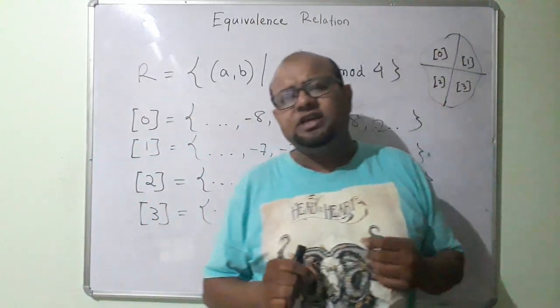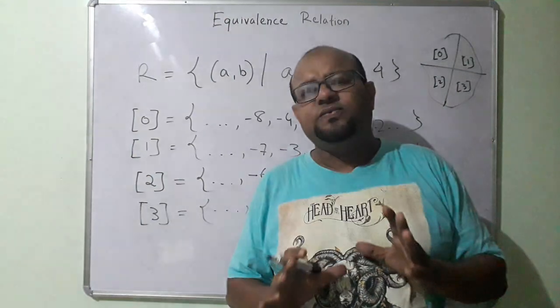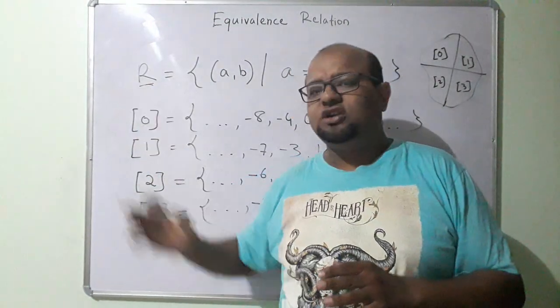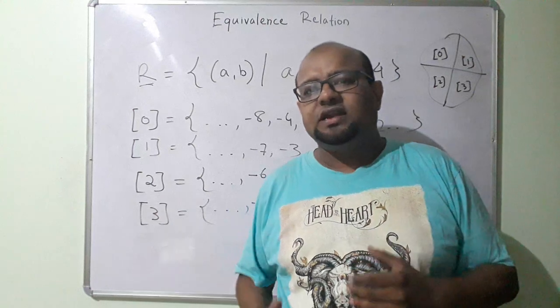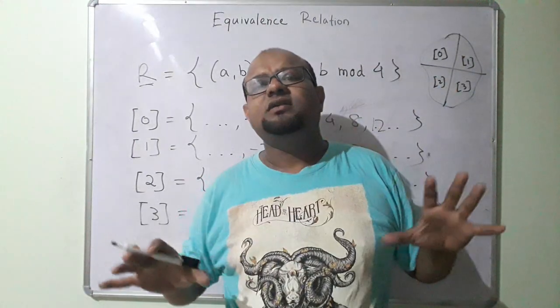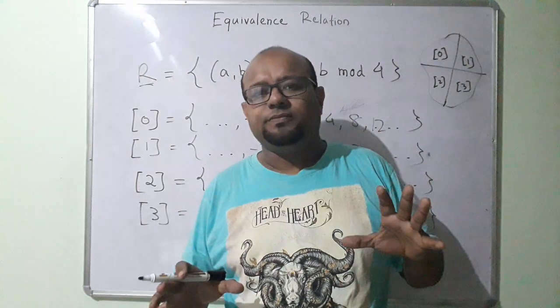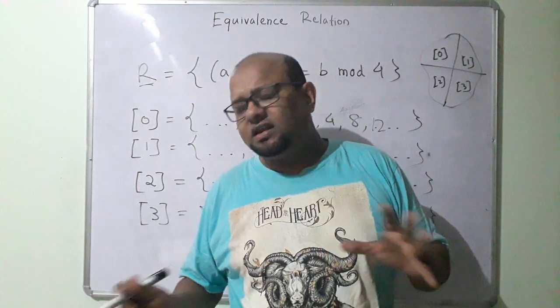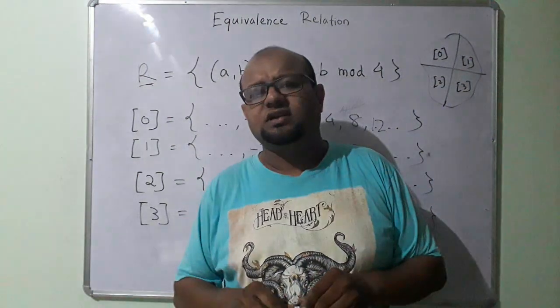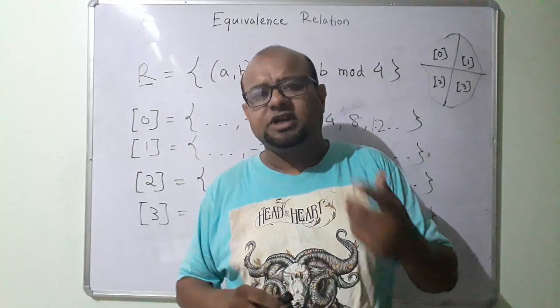So what is happening here? If I have some equivalence relation on some set A, then all the different equivalence classes will partition my entire set A. When I union all of them, I will get back my original set. So that is what partition means.